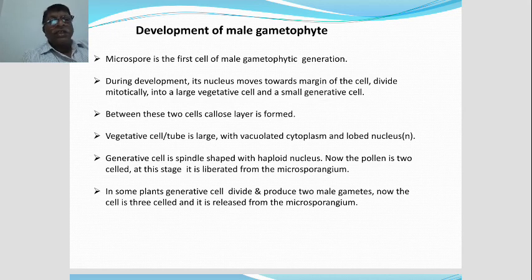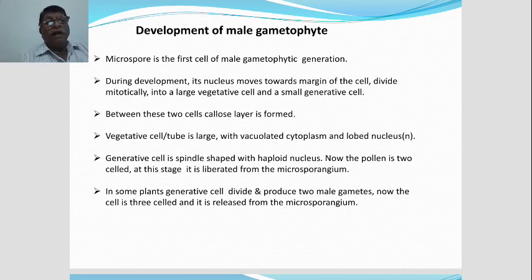The large cell is called vegetative cell. It is also called tube cell. The small cell is called generative cell.